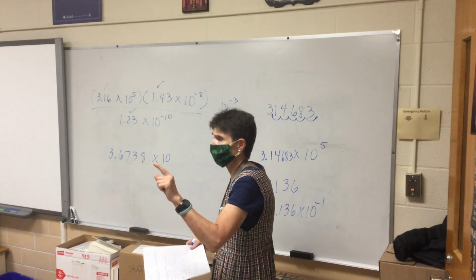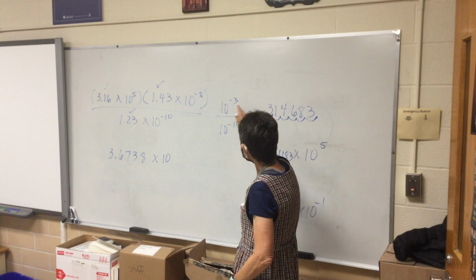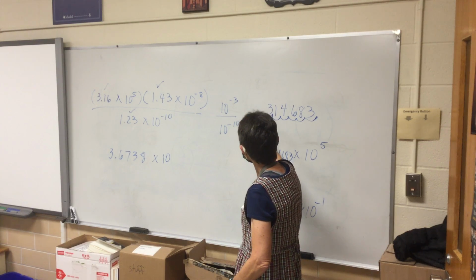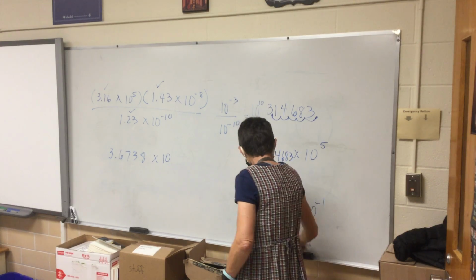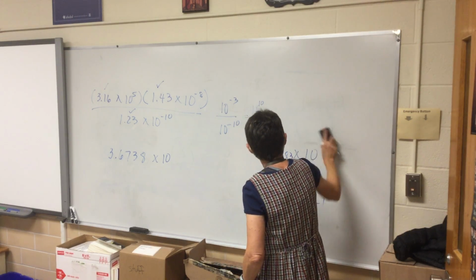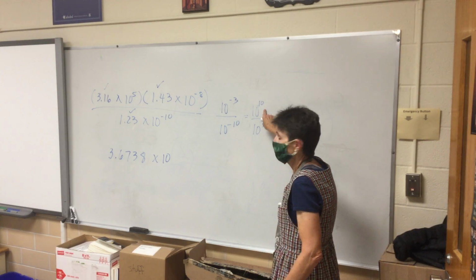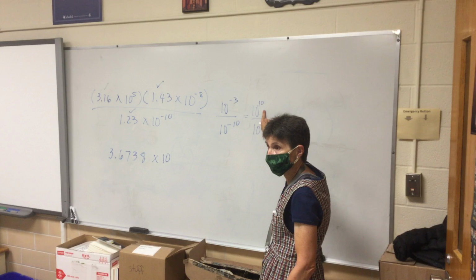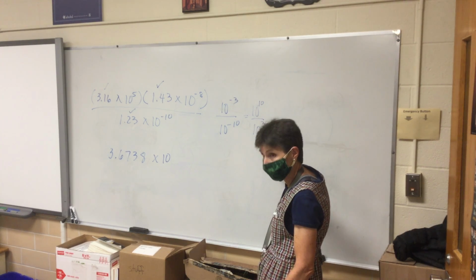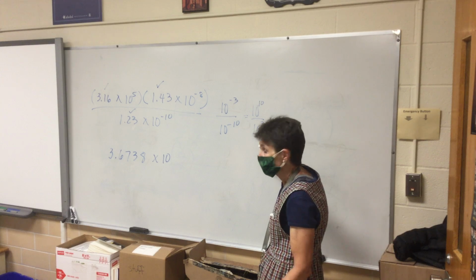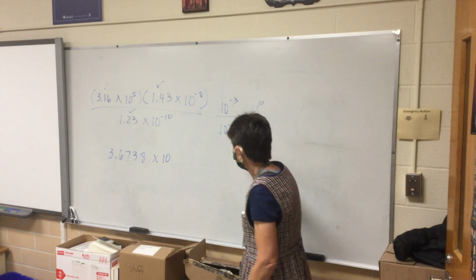Don't freak out. This would go to the bottom, right? And that would go to the top. So we have 10 tens on the top and 3 tens on the bottom. Some of those will cancel and leave me with 7 tens.